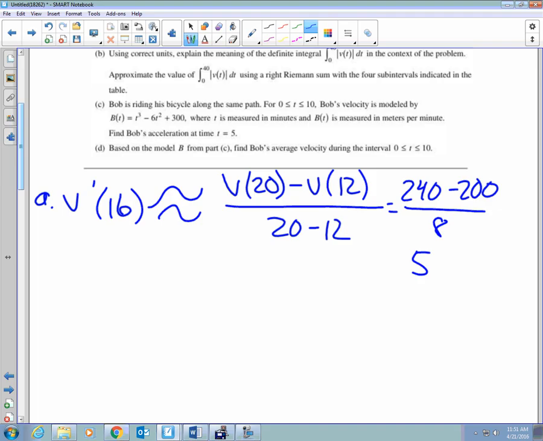What is my label? What's the derivative of velocity? Yes, but if I'm speaking in general, the derivative of velocity gives us acceleration. And so it will be 5 meters per minute squared.